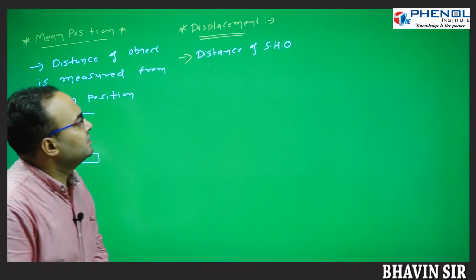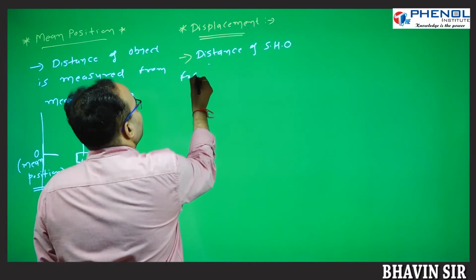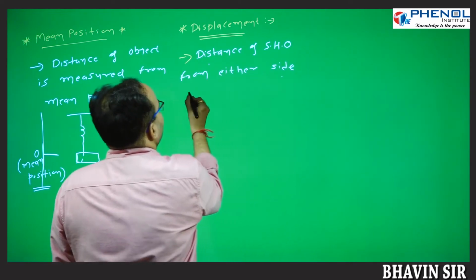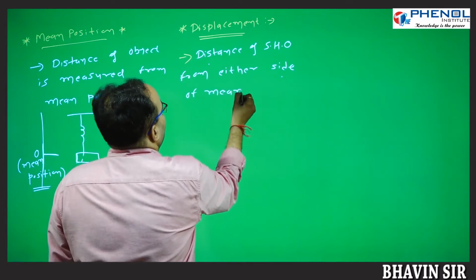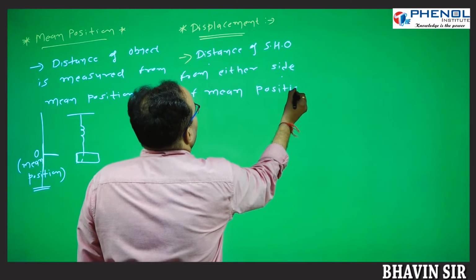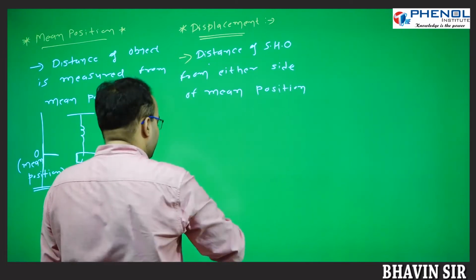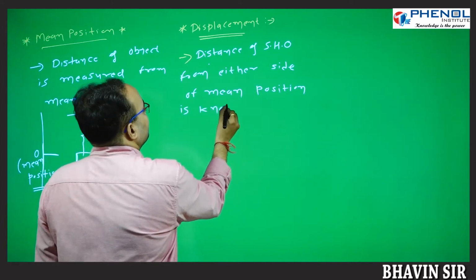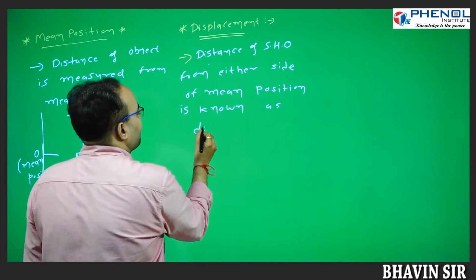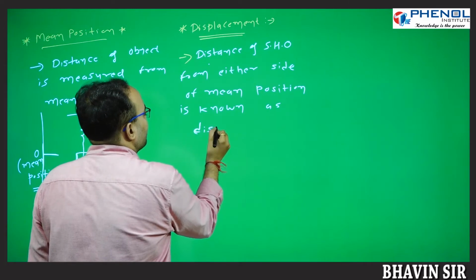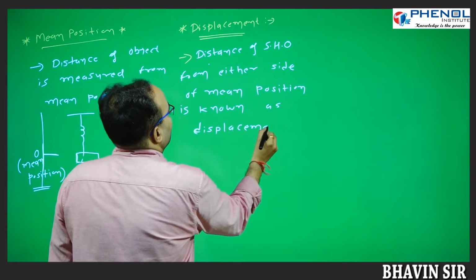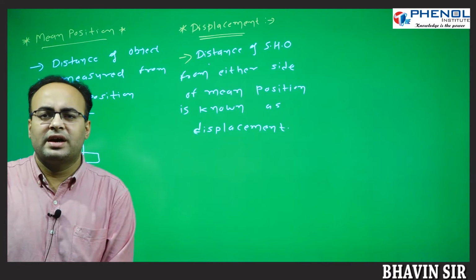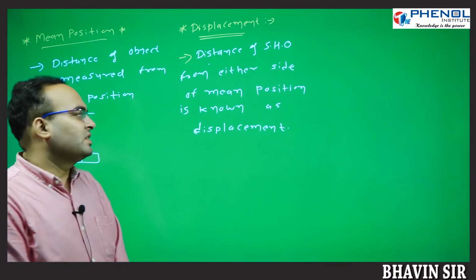So distance of object from either side of mean position, distance of SHO means distance of simple harmonic oscillator from either side of mean position, is known as displacement.